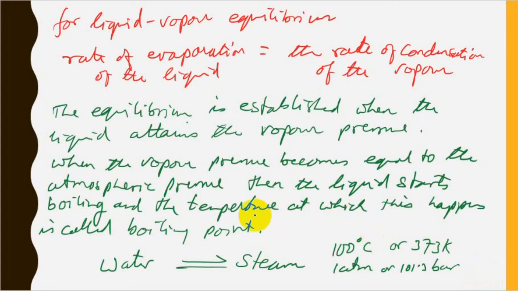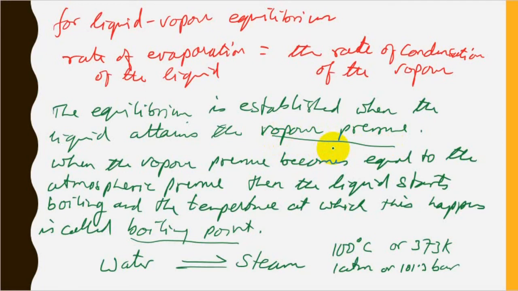So there are two things. Either it can be established at the boiling point, which is generally higher, or it can be established when the vapor pressure is attained at any other temperature. It has to be a confined liquid. You all must have observed your water bottle.